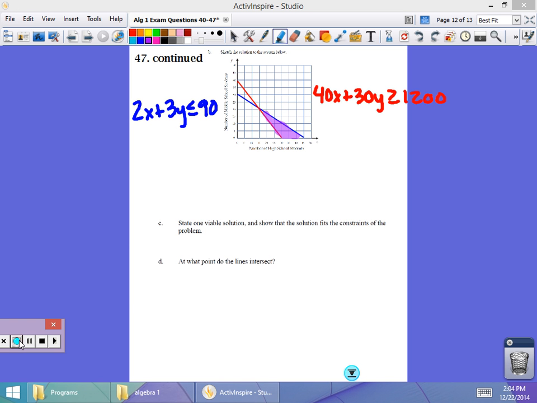The last question, C, state one viable solution and show that it fits the constraints. A viable solution needs to be in that purple shaded region. Should plug it into both inequalities to see if it works. Let's go with 30, 5. That's this point right here.